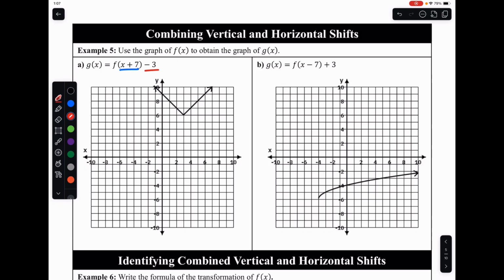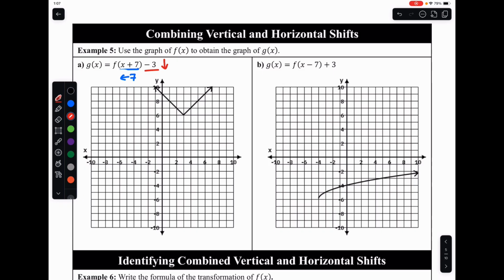Remember, it means the opposite. So we're going to subtract 7 from all of our x's, which means we're going to move our graph 7 units to the left. And the minus 3, we do exactly in that direction for the y values. Subtracting 3 from the y's will move it down 3.